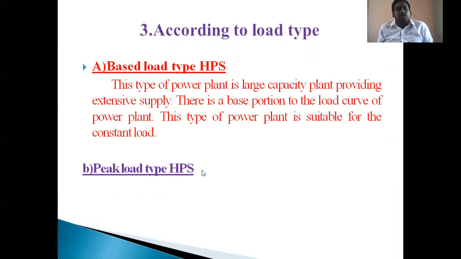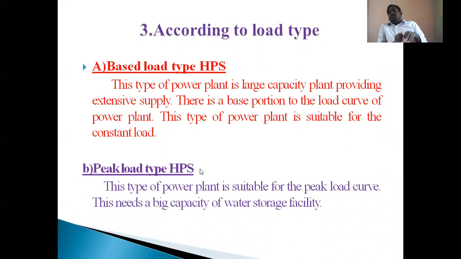Peak load type hydroelectric power station means, if you observe, the demand in the power system is not constant. Sometimes it is low, sometimes it is constant, sometimes it is peak. That's why here the power plants can also serve the peak demand. But the peak demand is not continuous for 24 hours. In some situations it can occur.